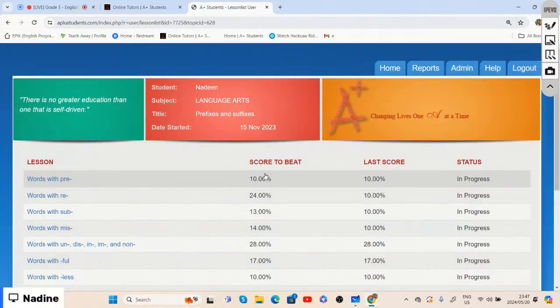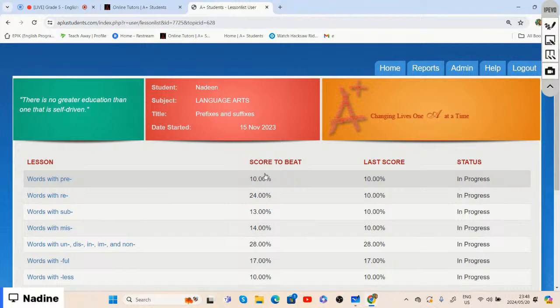All right, so that is the end of our lesson on prefixes and suffixes, right? And we focused on the lessons words with pre, words with re, and words with sub. And we said that a prefix is a word part that we add to the beginning of a base word, right? And base words can stand on their own.